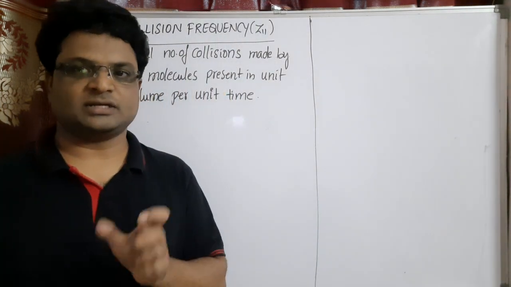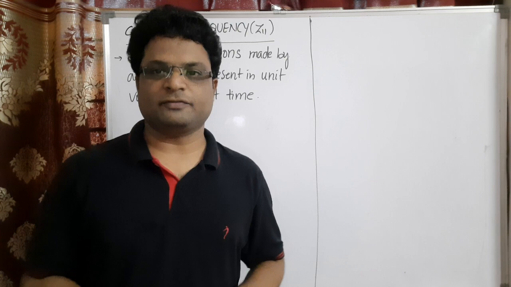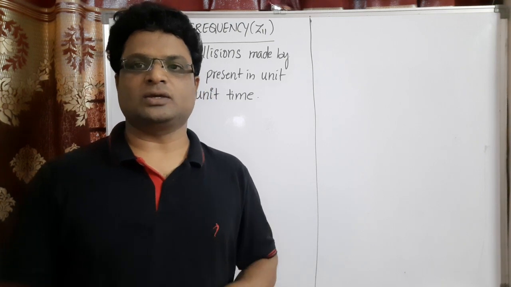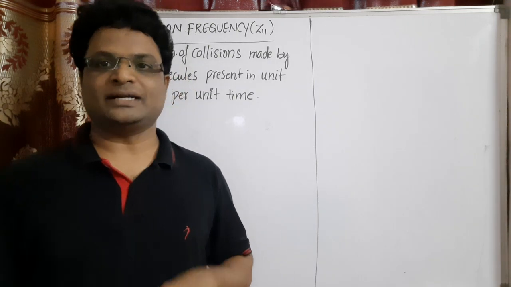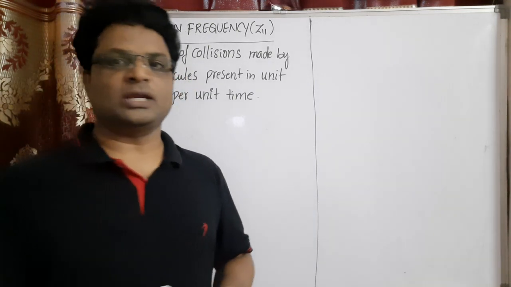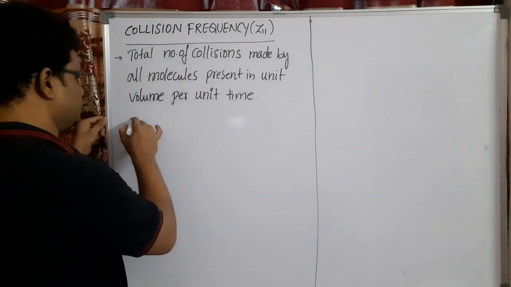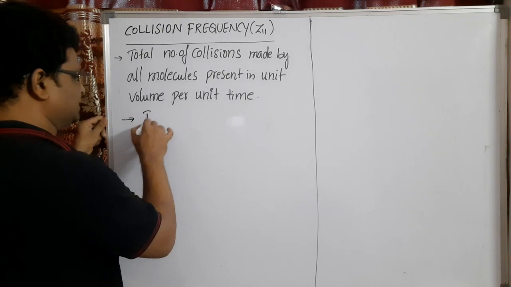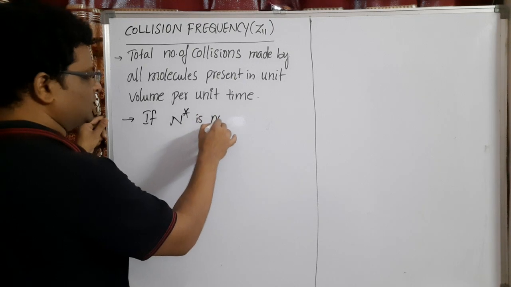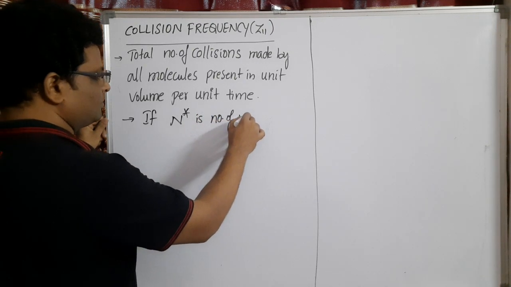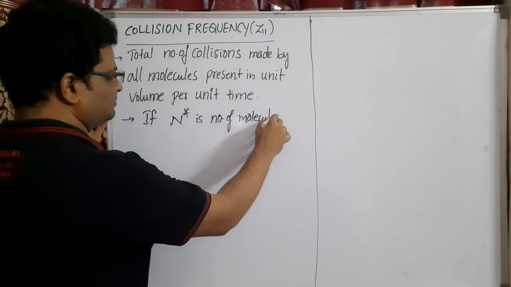Collision frequency is defined as the total number of collisions made by all molecules present in unit volume per unit time. Let us consider the number of molecules per unit volume as n star.